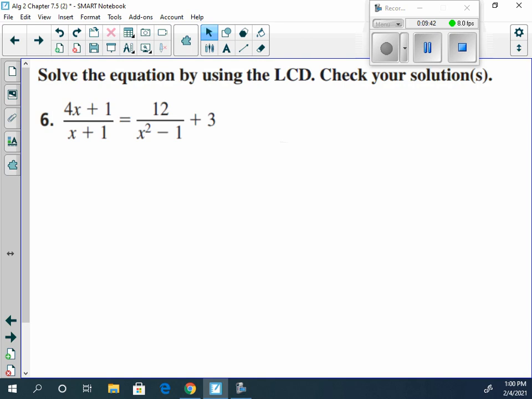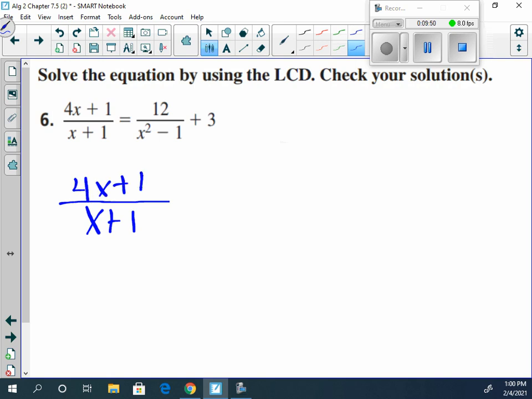Now this one here, we can't jump straight into just solving and multiplying just yet. Because when we look at this here, the one that sticks out to me a little bit is our x squared minus 1. Is that factorable? Is x squared minus 1 factorable?